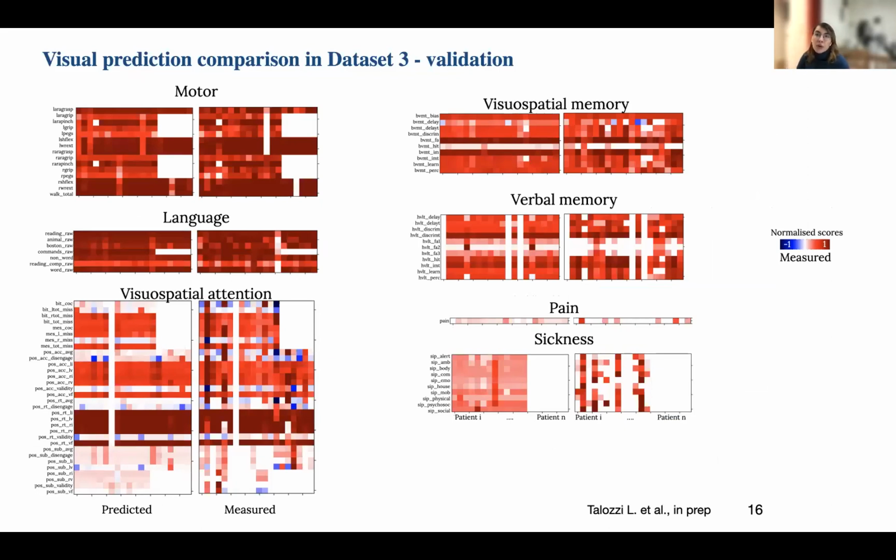Also, since, as I showed you, a large battery of 87 scores was acquired, here I propose a visual inspection of the difference between the predicted scores in the left matrices and the measured scores in the right matrices for the different domains that we explored in the neuropsychological data acquired: motor, language, visuospatial, attention, visuospatial memory, verbal memory, pain, and sickness, in a normalized score according to the maximum of the recorded measure for each score.